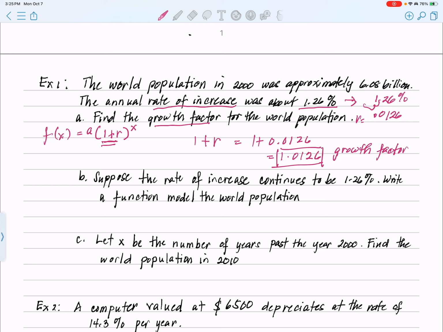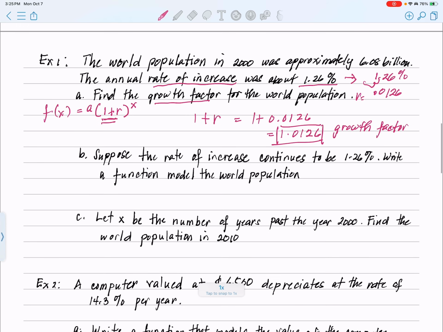Let's move on to the second question. Suppose the rate of increase continues to be 1.26%. Write a function to model the world population. Okay, function model.